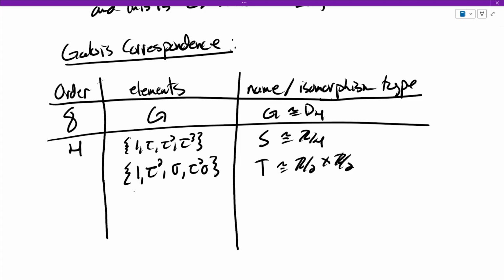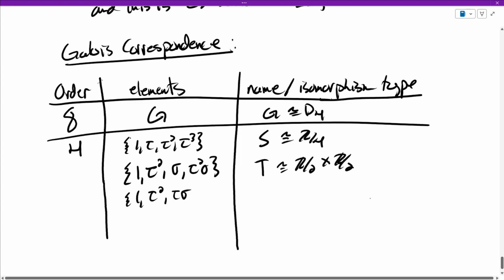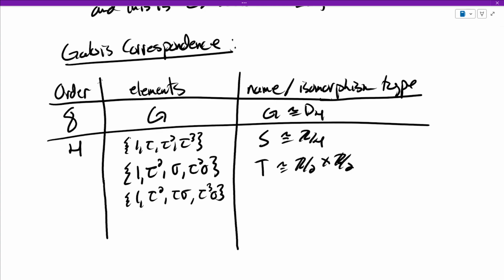But we can also choose to reflect in a different axis. I'm not going to be able to think of it right now, but if we look at tau sigma, that's going to be a reflection in, I believe, one of the diagonals, one of the lines like y equals x or negative x, and this is sort of the same type of group, so we're also going to get this as Z2 cross Z2.